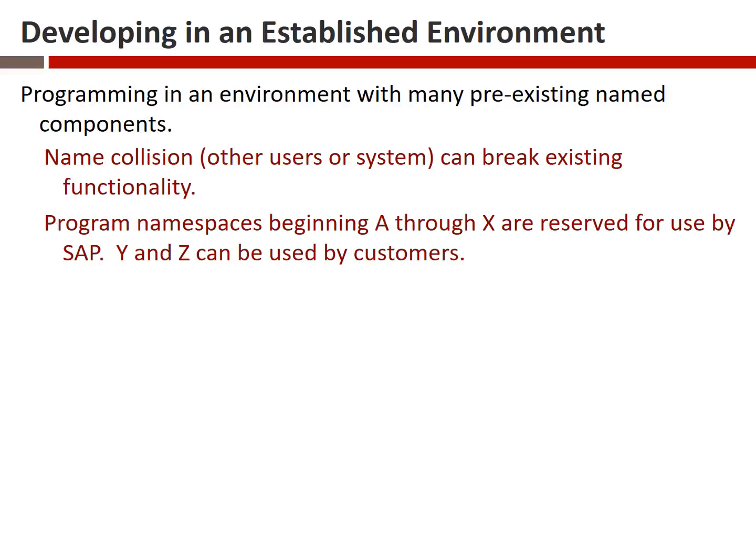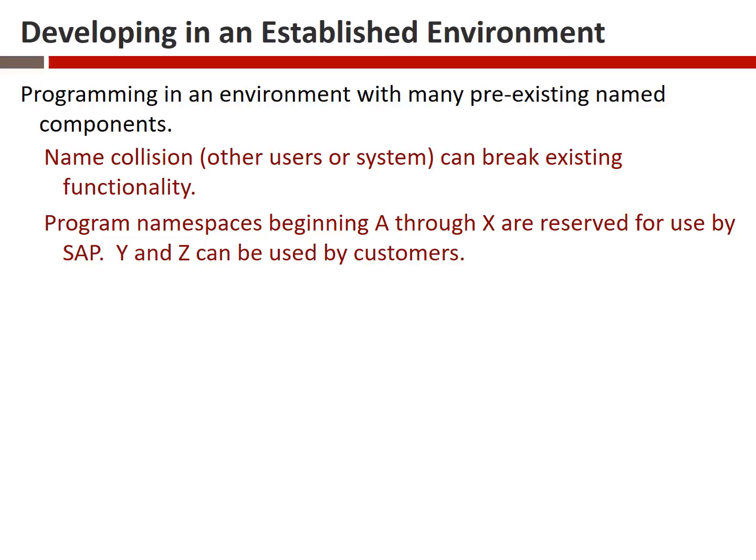So it's going to let you think you're doing okay until you go to save it, and then it's going to come back and say, no, you can't do that. So Y and Z are the letters that we have to start our database tables with, our program names with, anything that has visibility and persistence throughout the system.